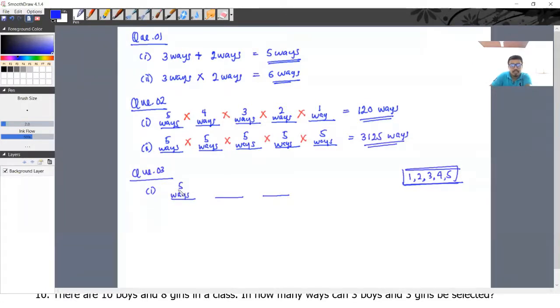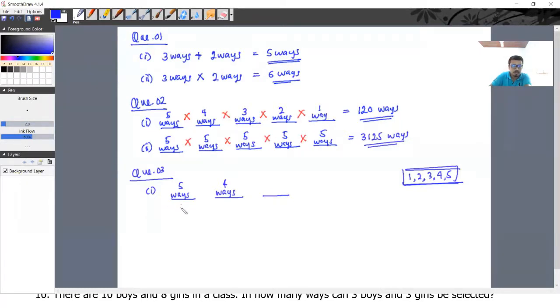If the repetition is not allowed, and once we have put a digit here, how many options do we have here? To put a number in this particular place, how many options do we have? Yes, there are 4 ways.